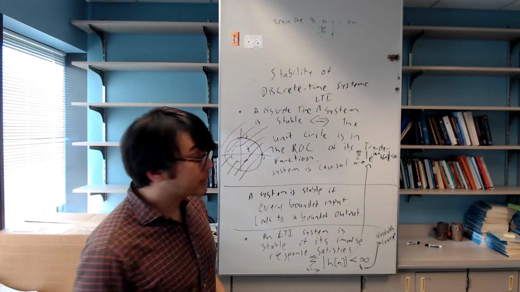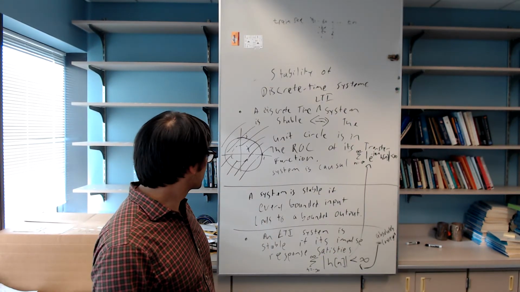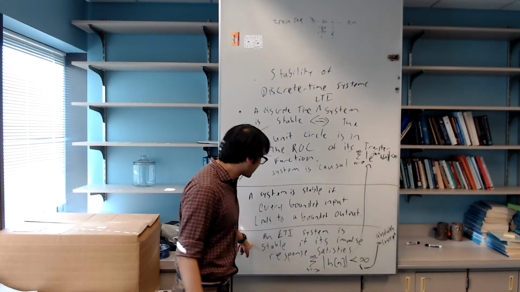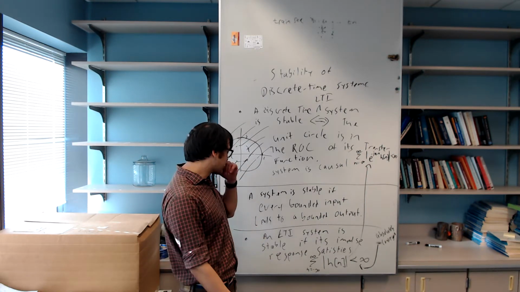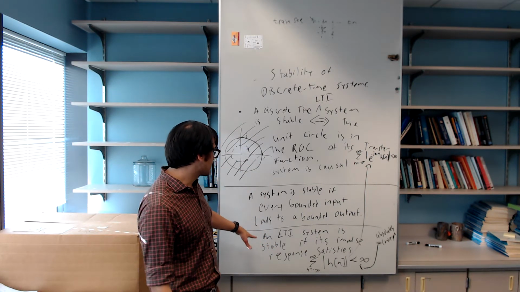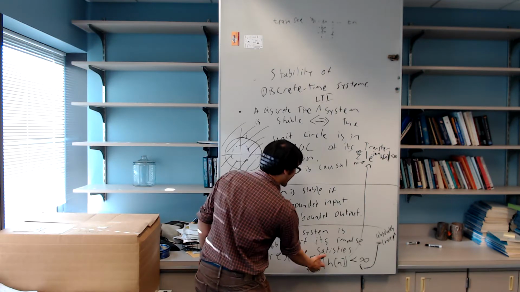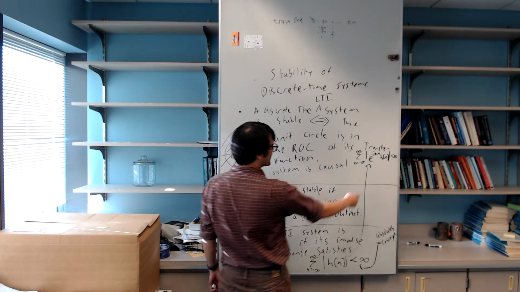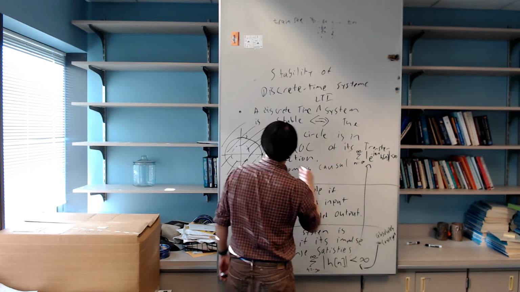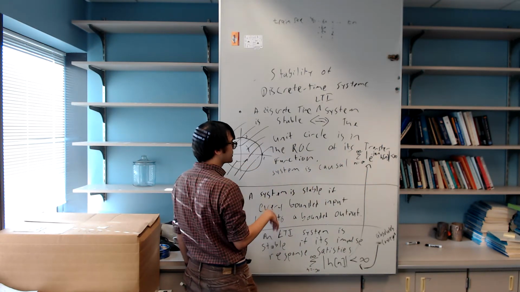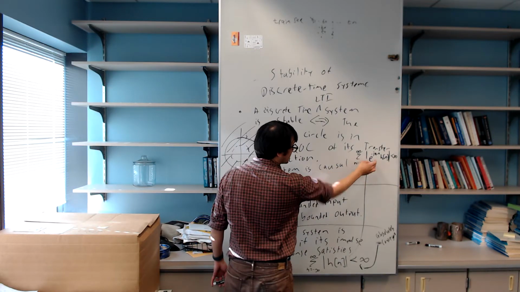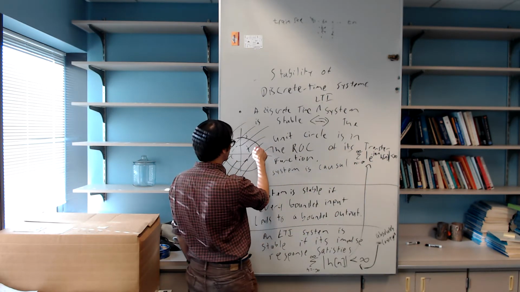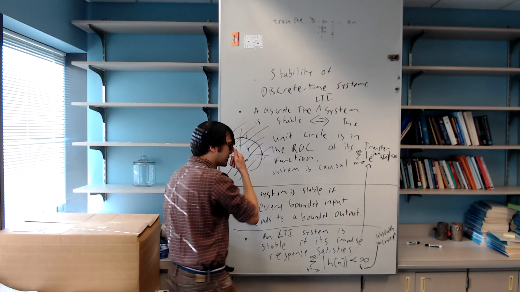So what we're going to try to do is work through why this is true. Because as we saw, if this absolute convergence condition is satisfied, then everywhere along the imaginary axis the Fourier transform converges absolutely, or in other words, the Z transform converges everywhere along this axis.